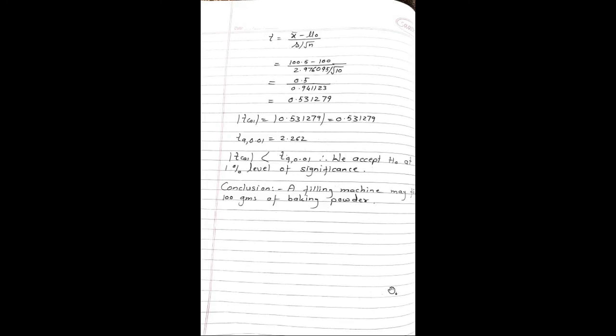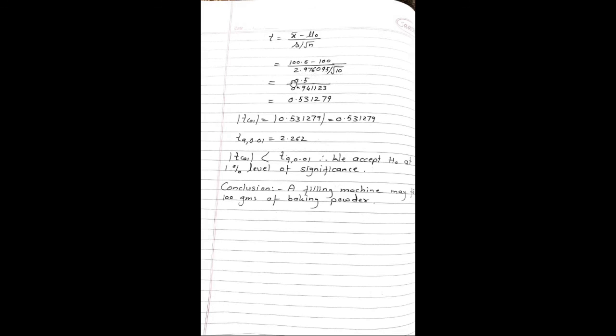So the answer is 8.857142. We need the square root of s square. So s is equal to square root of 8.857142. So the final answer is 2.976095. We will replace all the values in the formula. T is equal to x bar minus mu naught upon s upon root n, which is equal to 100.5 minus 100 upon 2.976095 upon square root of 10.